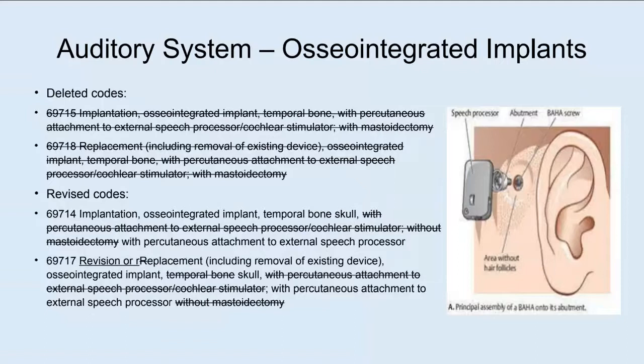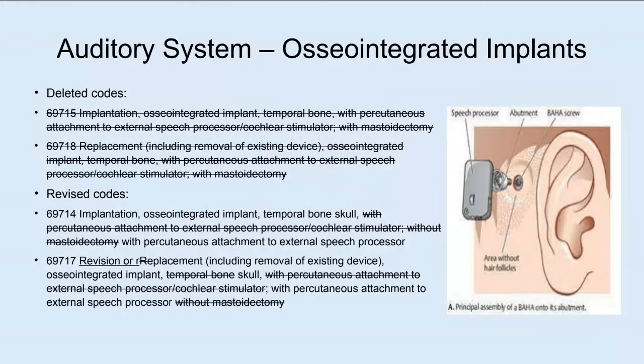Okay, so they deleted some codes and then they revised some other codes. Deleted codes for implantations of hearing devices referred to a mastoidectomy. So those codes were deleted. The revised and new codes don't mention mastoidectomies.